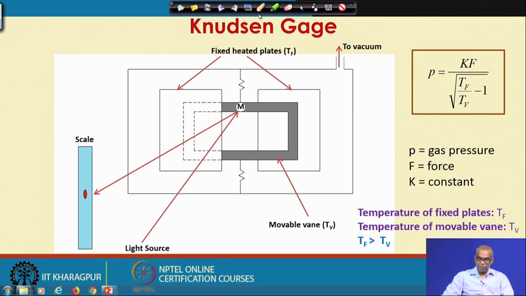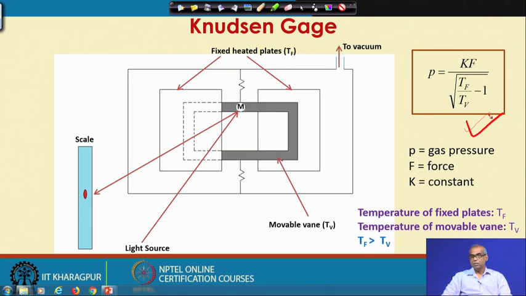So, if this is the case, that we have two fixed plates at temperature T f and we have the movable vane at temperature T v, and T f is greater than T v, then the pressure or the vacuum can be computed using this formula.